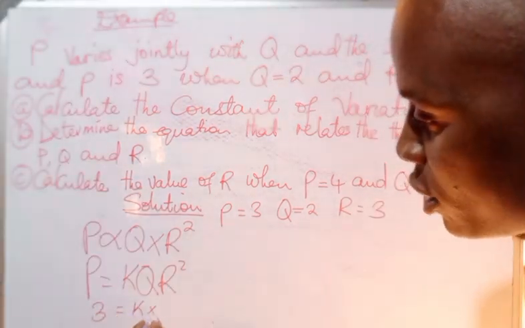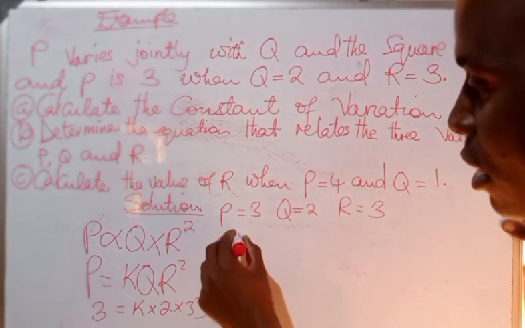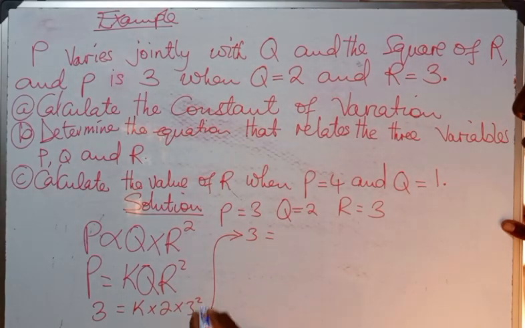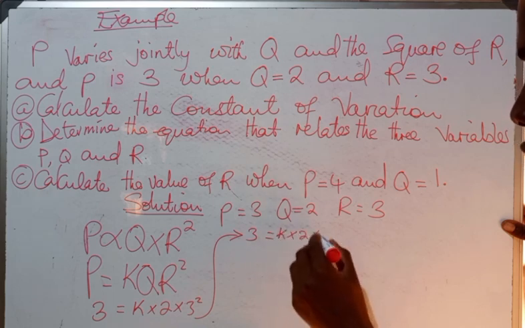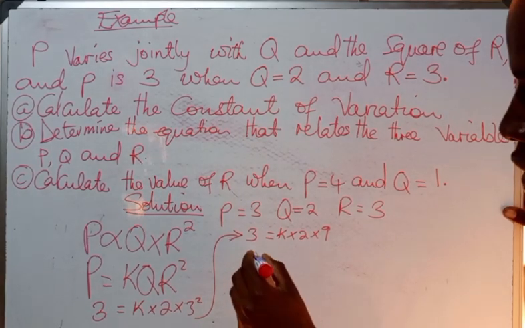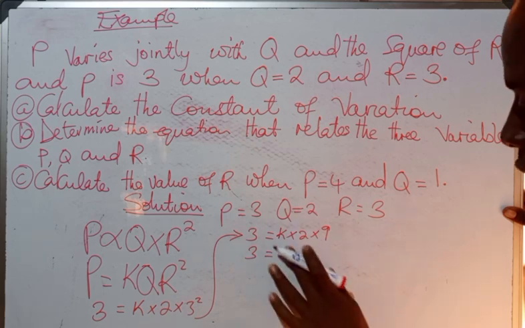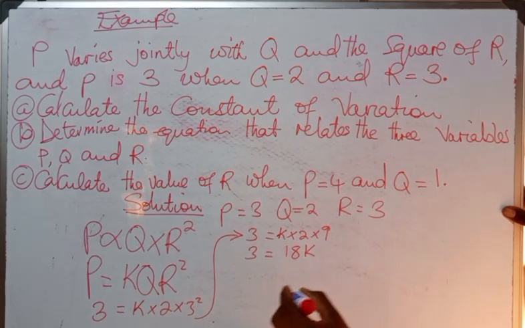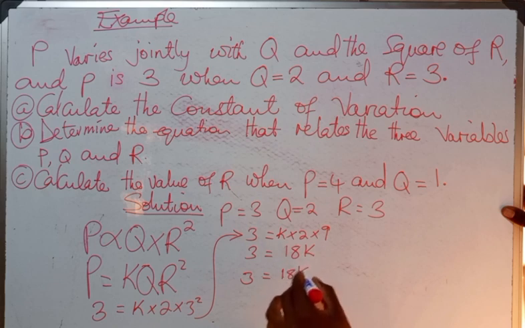Then we have K multiplied by 2 multiplied by 3 squared. So I'll have 3 is equal to K multiplied by 2 times 9, because 3 squared is 9. So 2 times 9 is 18, and I have 3 is equal to 18K.